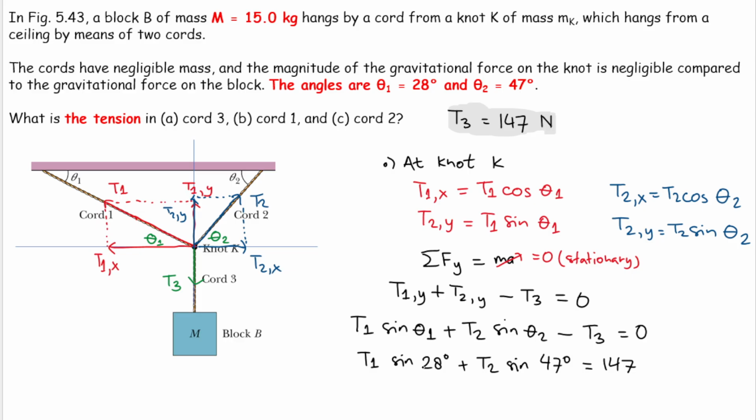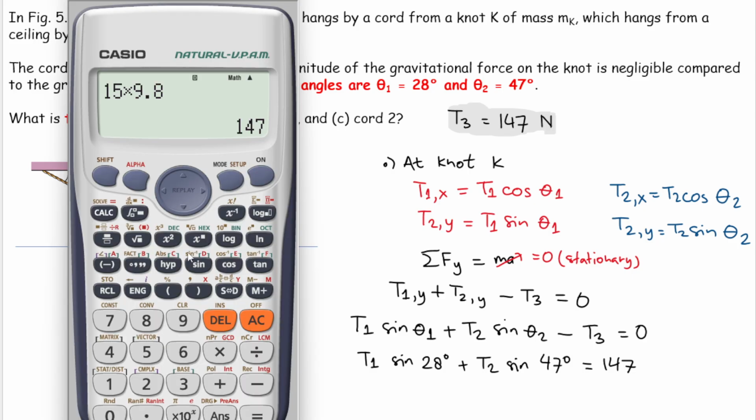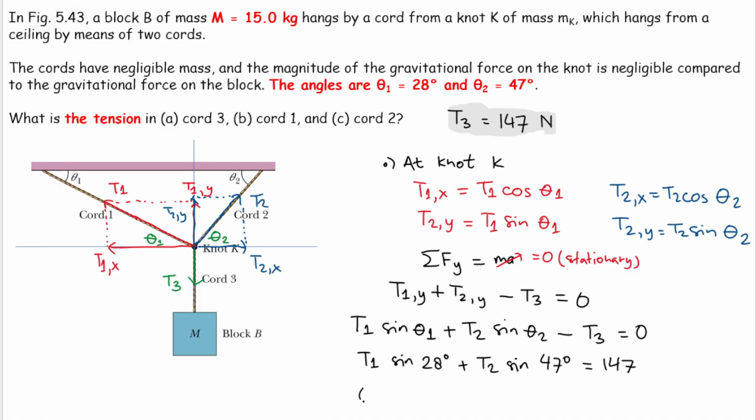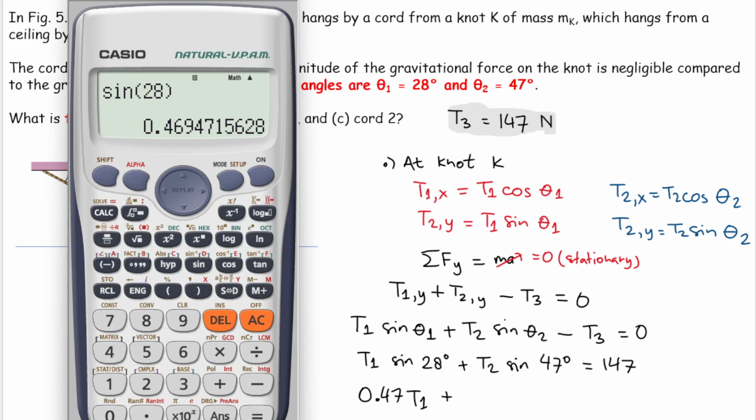What is sine 28? Using the calculator, I'll have sine 28 is 0.47, so 0.47 of T1. And then plus sine 47.